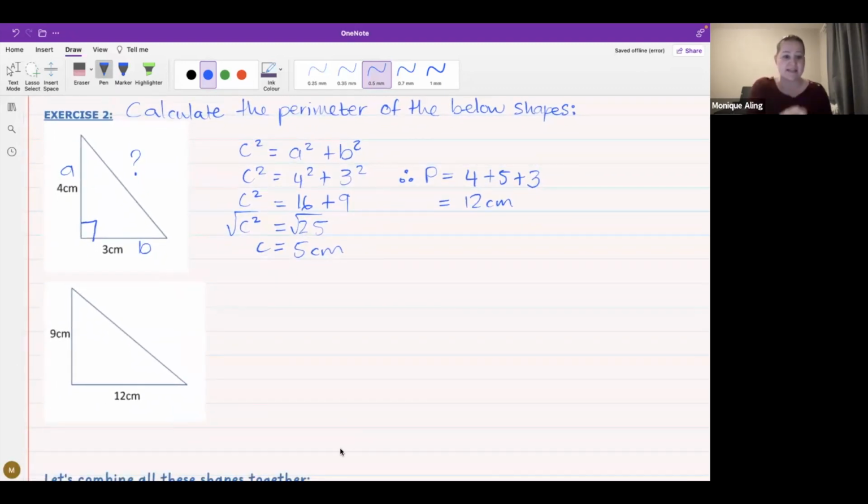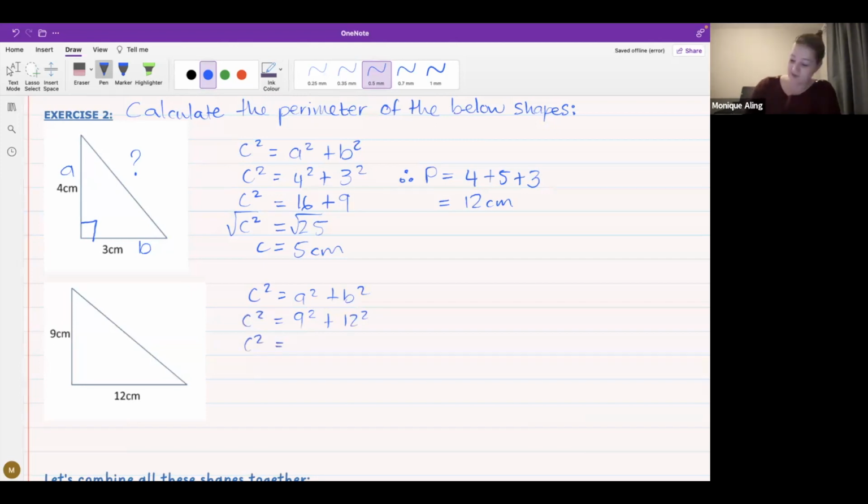Okay, question 2, or the second triangle. Let's see some answers. Okay, missing side is 15. Good. So that is 9 squared plus 12 squared.